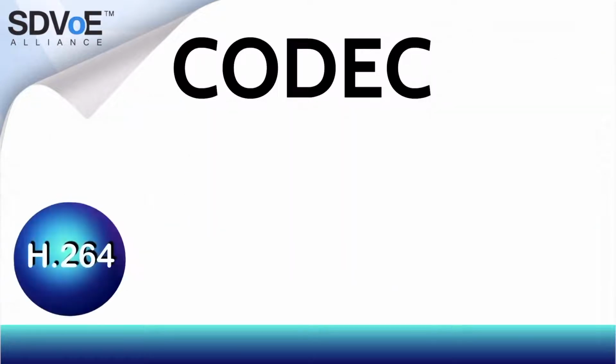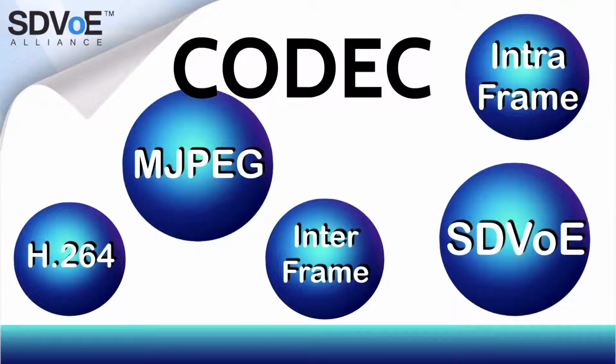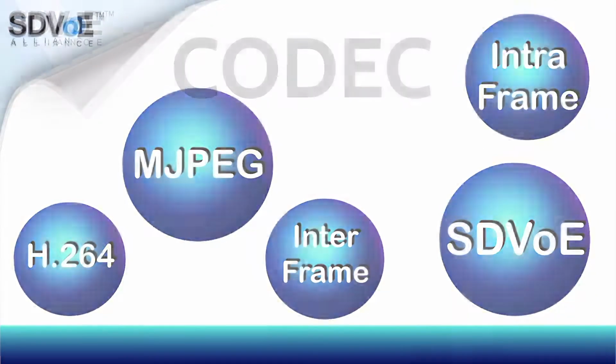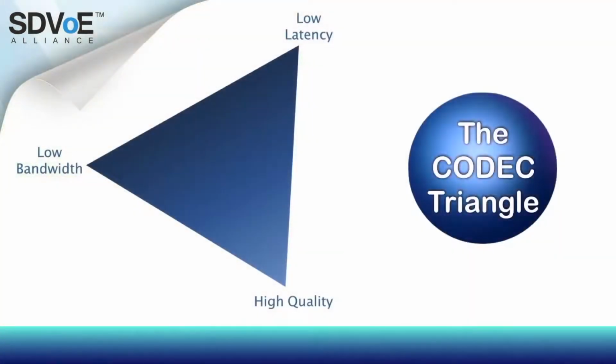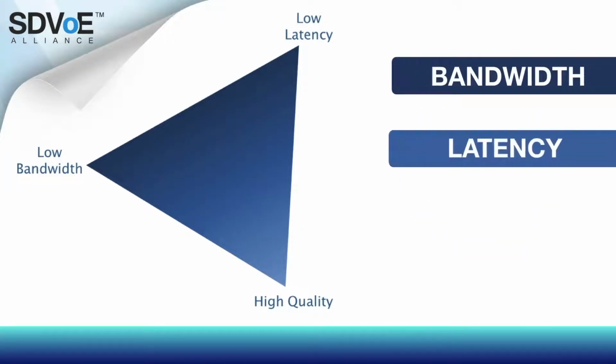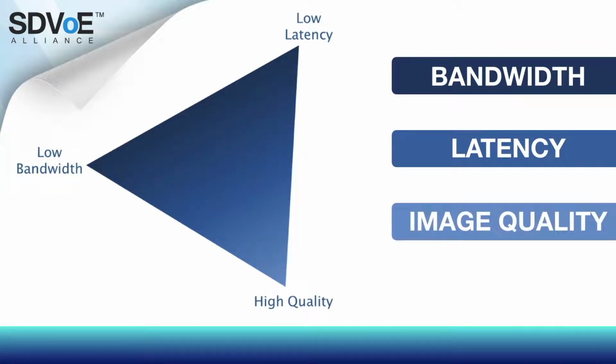There are many codecs, each designed to achieve a particular purpose, and each codec has its own set of trade-offs compared to the others. An easy way to understand these trade-offs is by considering the codec triangle, which illustrates the trade-offs between the three most important characteristics of a codec: bandwidth, latency, and image quality.